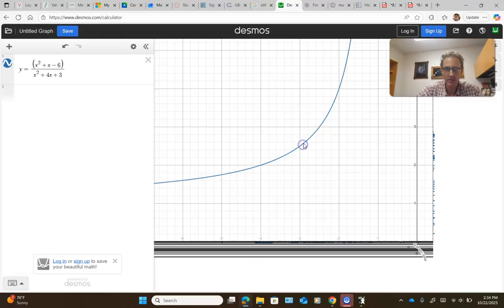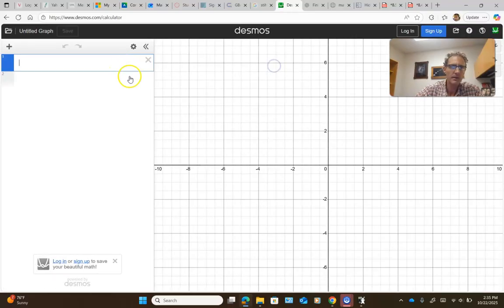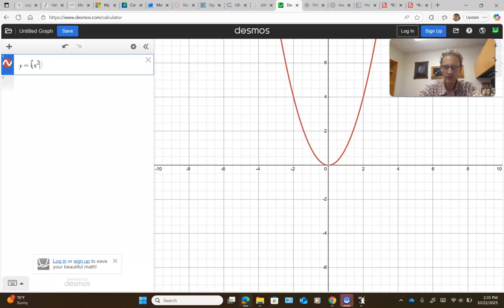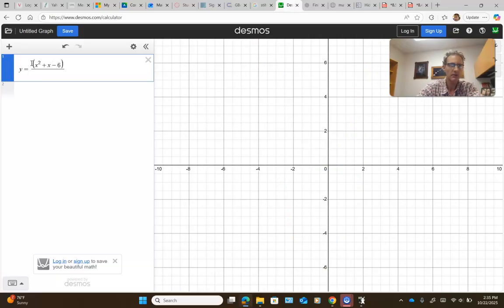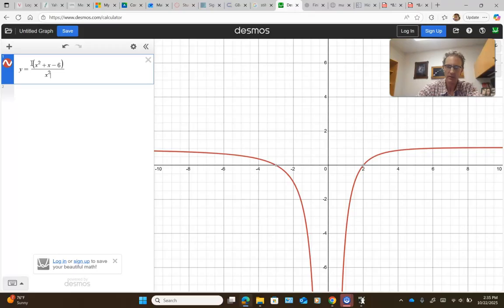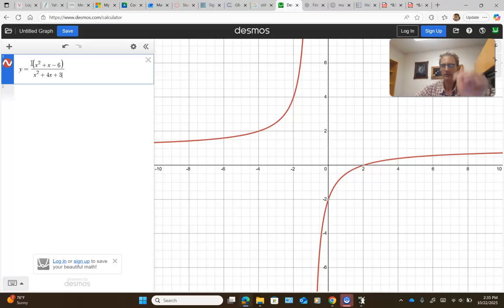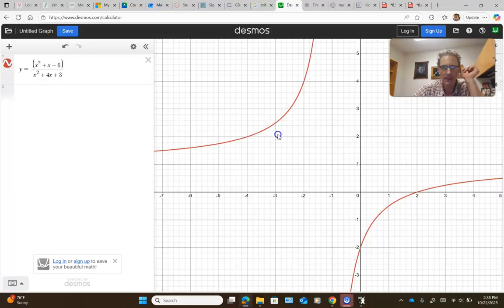But notice, well, let me refresh this. Well, it took out my function. Great. What is this? Plus x minus 6 and divided by x squared plus 4x plus 3. Okay, here we go. Yeah, so right here at -3, you can zoom in.